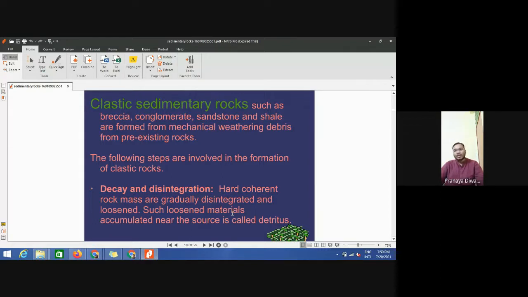The following steps are involved in the formation of clastic rock: decay and disintegration. Decay and disintegration are the two processes involved in clastic sedimentary rock formation. So hard coherent rock masses are gradually disintegrated into loose material which accumulates near the source. That is called detritus material.